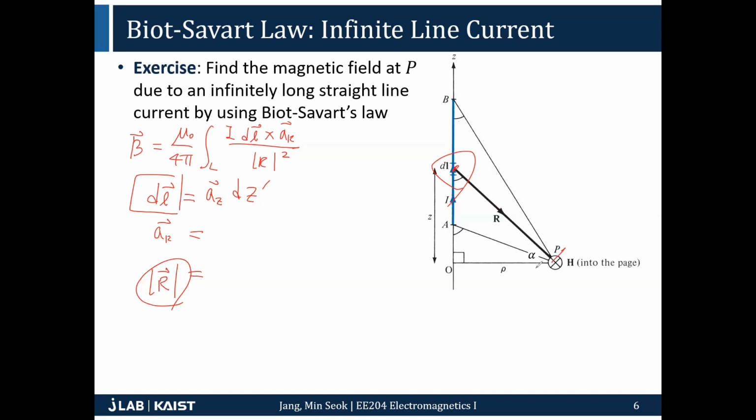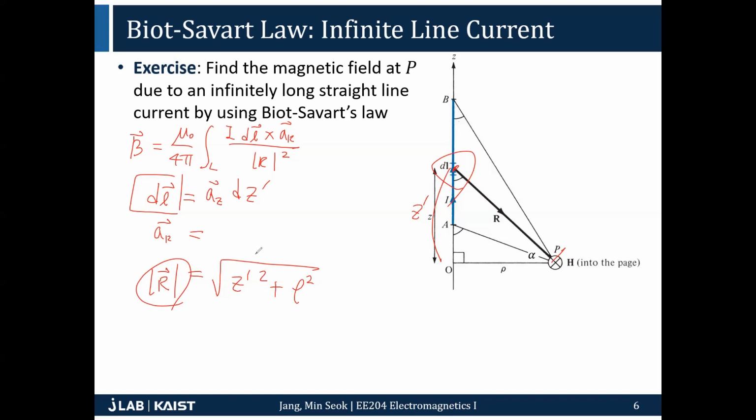Right, exactly. Many of you actually got the correct answer. But again, I want to put prime for the z coordinate because it's source position. So it's z prime squared plus rho squared.